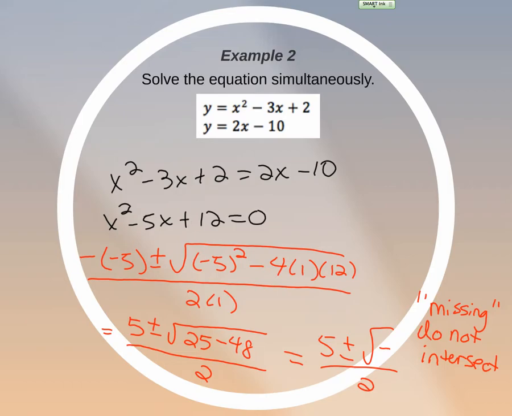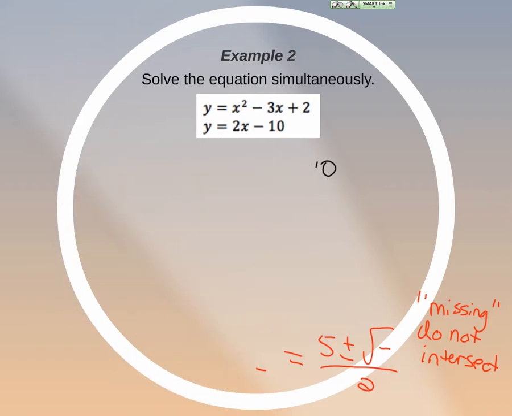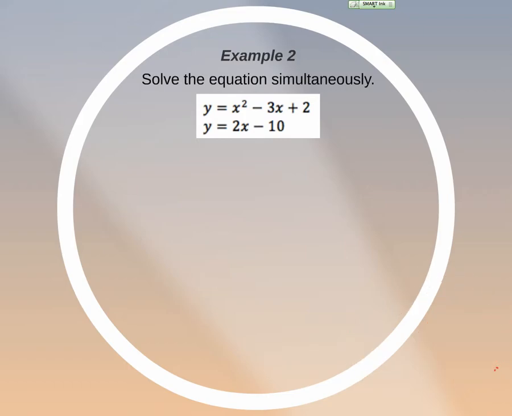They are not going to touch. Any questions about how to handle something like that? And if you did complete the square, you would end up with the same thing, trying to square root a negative and not being able to do that.